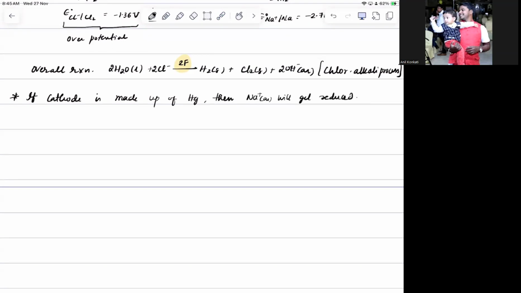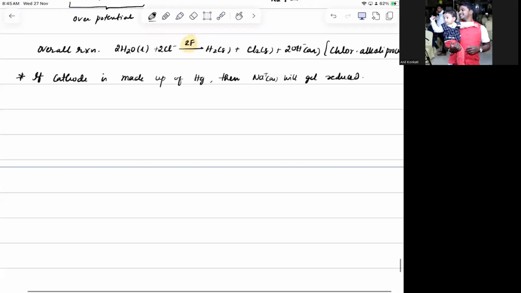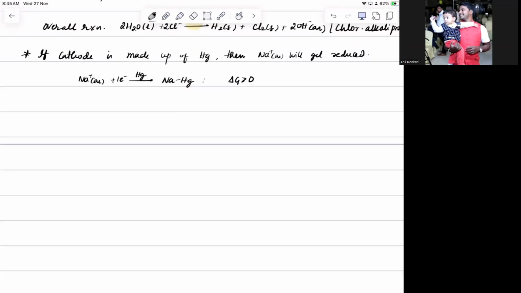So that is Na plus aqueous plus one electron will give you, in the presence of mercury electrode, sodium mercury amalgam. But this is theoretically not feasible, correct? So which means NaHg liquid, correct?